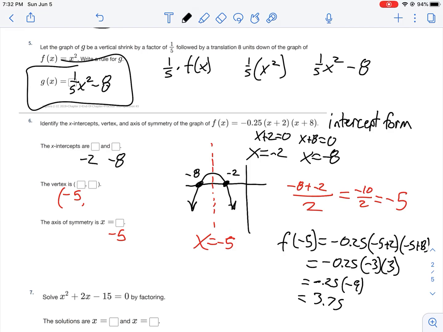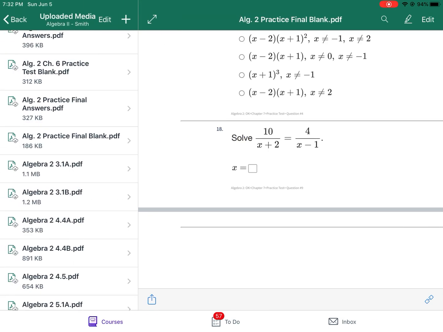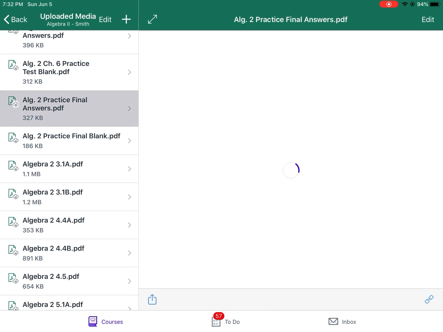2.25, not 3.25. 2.25. I'm super good at math. Okay. 2.25. Let's go ahead and double check this answer because I am known to mess things up.